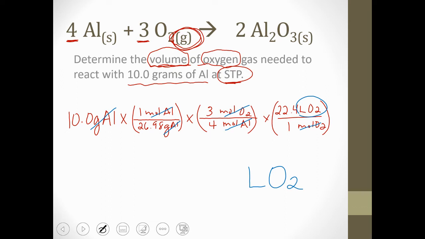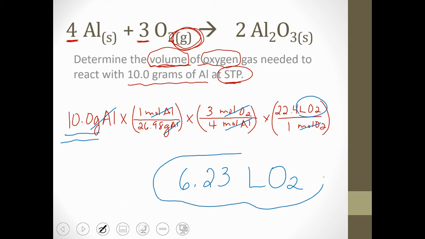We would divide by the mass, times 3/4, multiply by 22.4, and in the end, with 3 sig figs, because our starting number has 3 sig figs, those zeros count because of the decimal, we would get 6.23 liters of oxygen. If we needed to convert that into milliliters or centimeters cubed, we could do so using metric conversions that we learned earlier in the year.